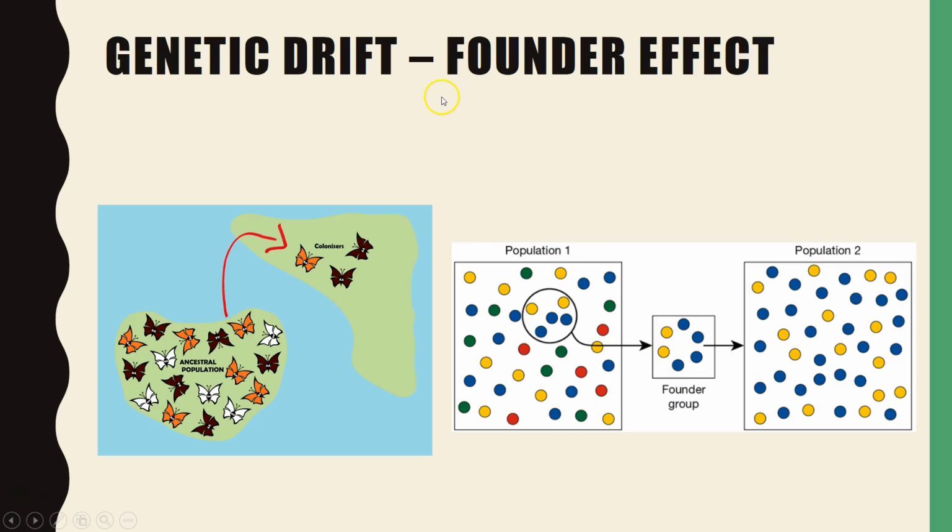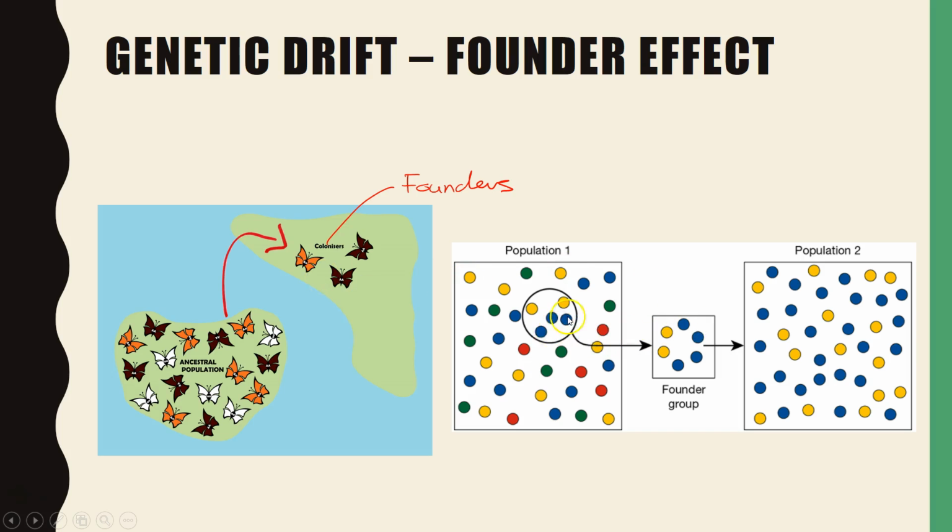Another form of genetic drift is the founder effect. So here we have an ancestral population or initial gene pool, and some of those individuals move to a new place where there were none of those alleles previously. So they're colonizers, or the founders of that population. As the founders, the allele frequency is different to the original population because there may be only a few alleles that have migrated to that new population.